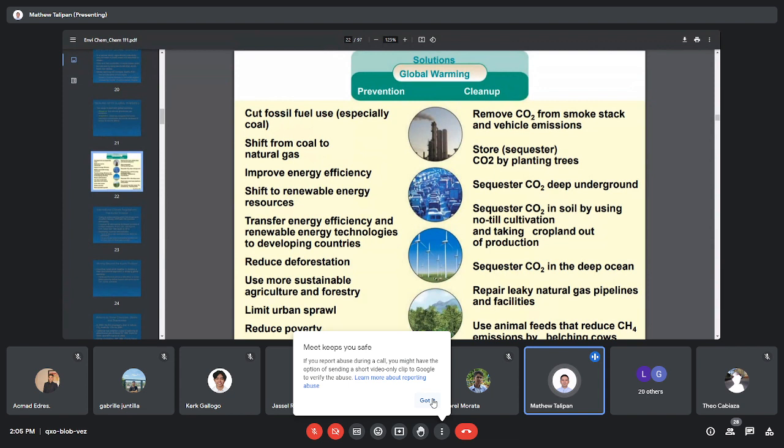Clean up means that we need to remove the excess amount of these greenhouse gases through methods such as assimilation, let's say, of carbon dioxide with plants. For example, planting trees. This is a sequestration method. So we need to remove excess carbon dioxide by planting more trees, and we can also try to remove carbon dioxide from smokestacks and vehicle emissions.